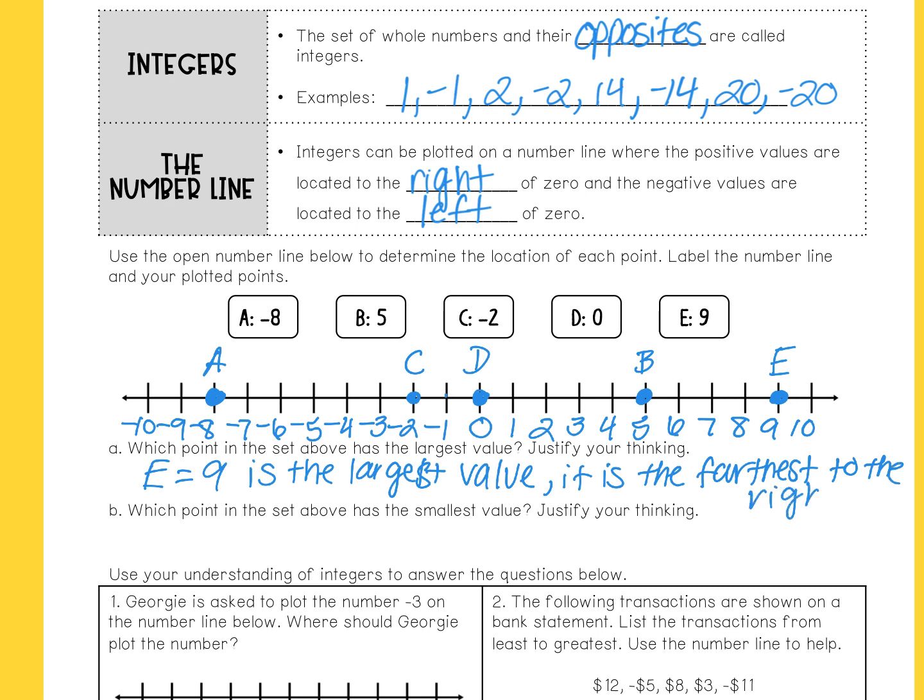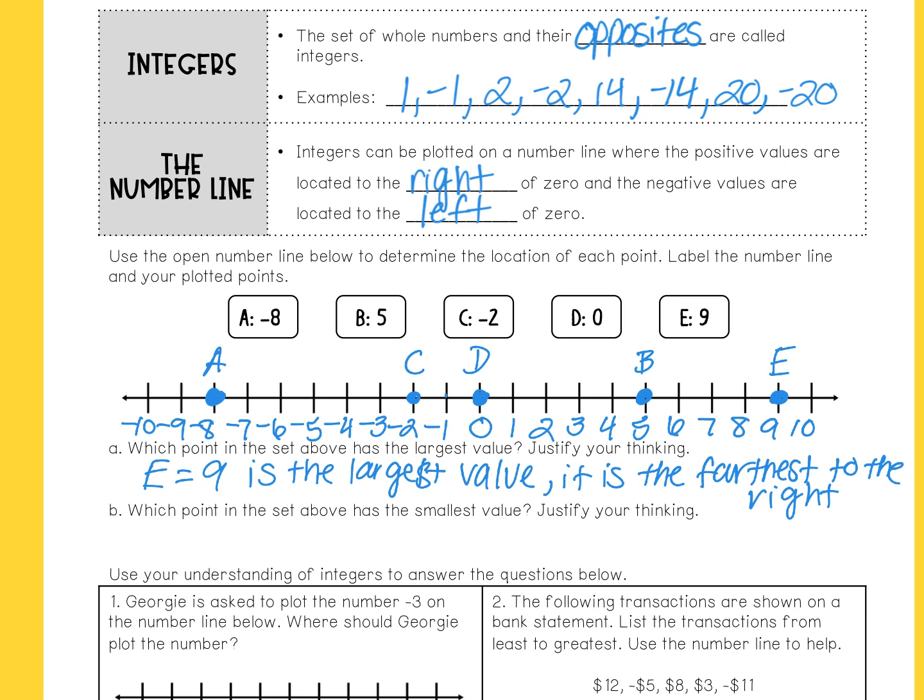The farther we go to the right on our number line, the bigger the value. When our numbers are positive and they are continuing on to the right past 0, those will be our most positive numbers.